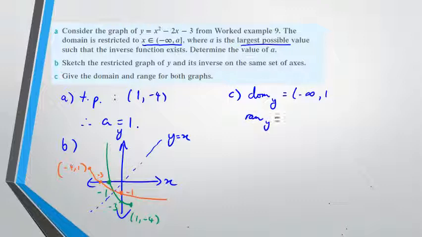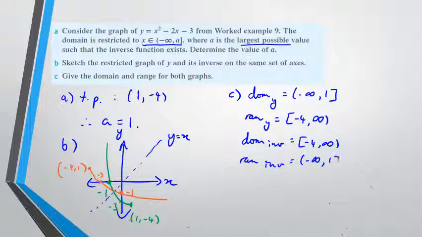The range of y is going from -4 to infinity. And then remember with the inverse, it just swaps it around. So the domain of the inverse is equal to -4 to infinity. And the range of the inverse is equal to -infinity to 1.